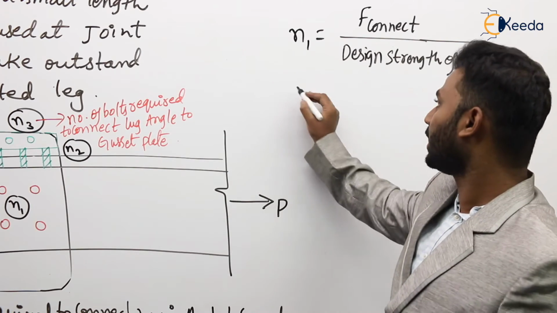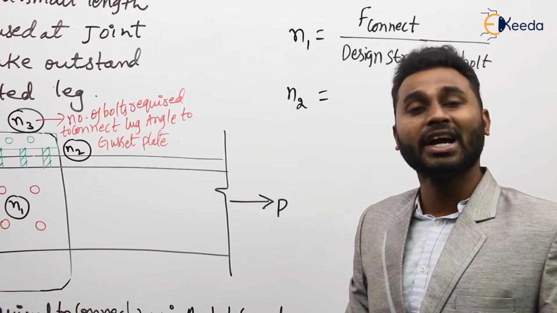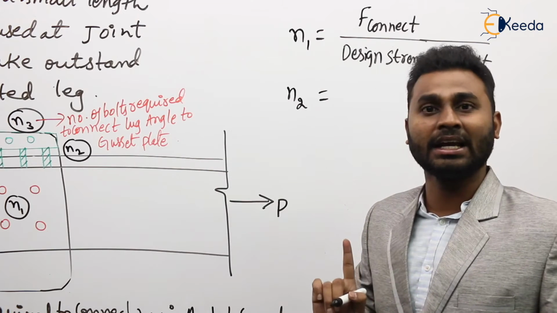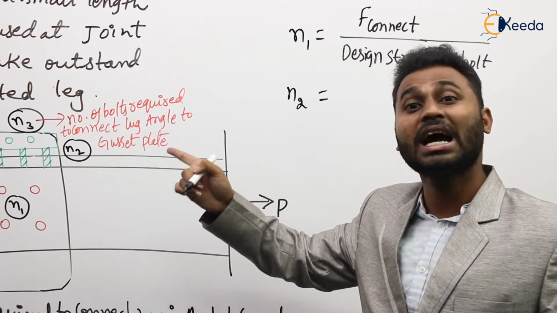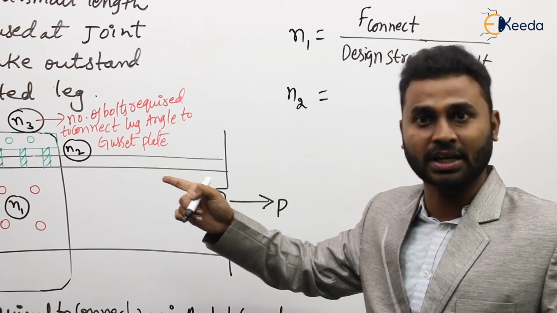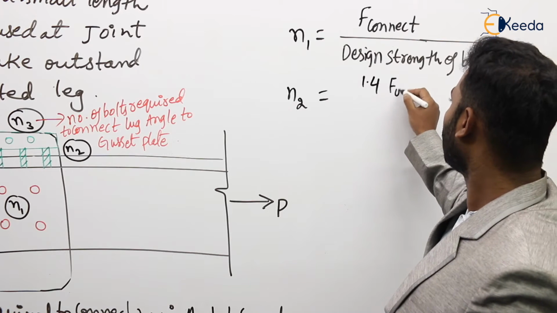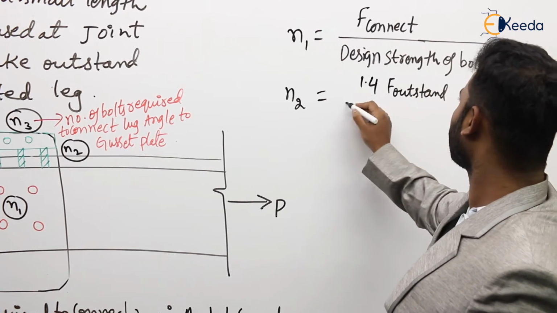Agree? Next, N2. What is N2? The number of bolts required to connect the main angle to the lug angle. Agree or not? There is one provision regarding this. This connection should start in advance of all other connections. So N2 is 1.4 F outstand by the design strength of the bolt.